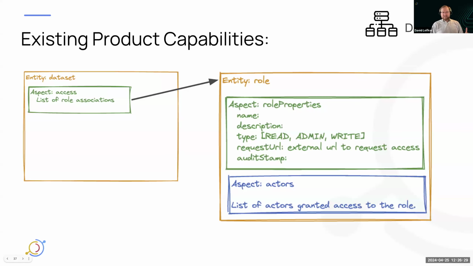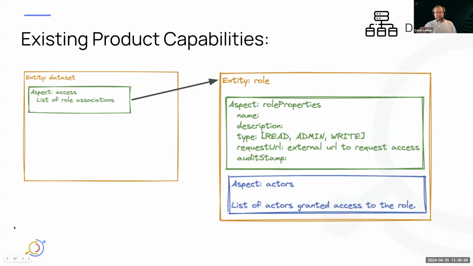On a dataset, you have a list of role associations. These roles would give you access to that dataset in AWS, for example. As part of that role, you get to name the role, add a description, and some information about whether it's a read, admin, or write level access request, and then that external URL that is exposed in the UI, so you can go and request access through that external system.